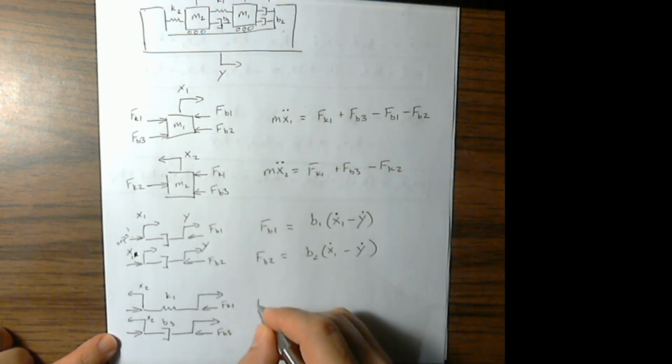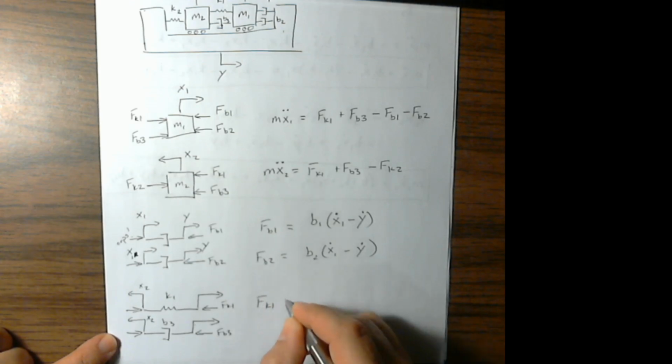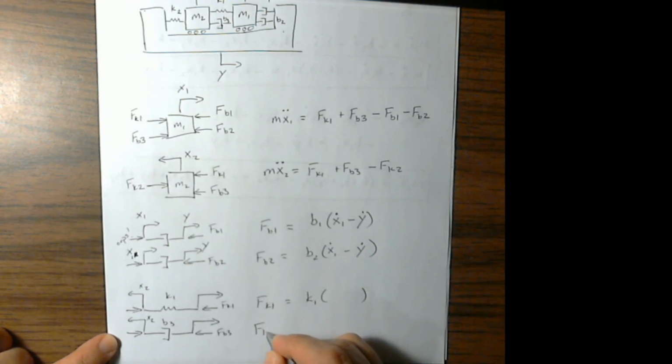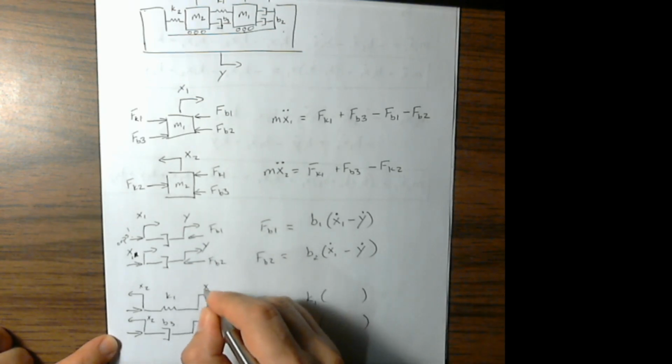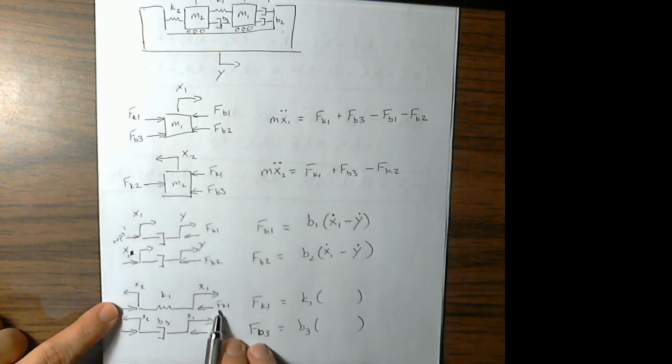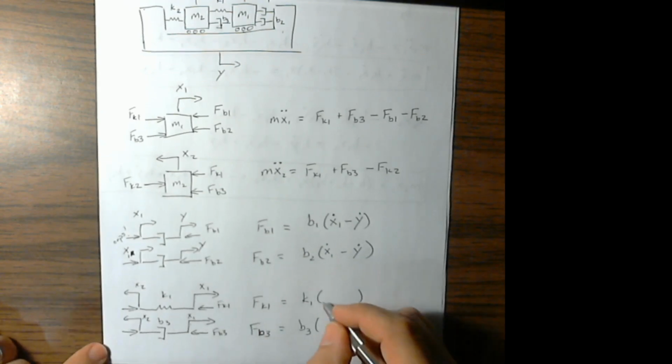All right, so FK1 is equal to K1 times something. B, we'll just turn that into a B. Pretend I didn't make that mistake. FB3 is equal to B3 times, there we go. Oh, whoops, and I did forget to note. Yeah, there we go. All right, so, well, shoot. Everything's going to be negative. My forces are opposing both of their coordinates.